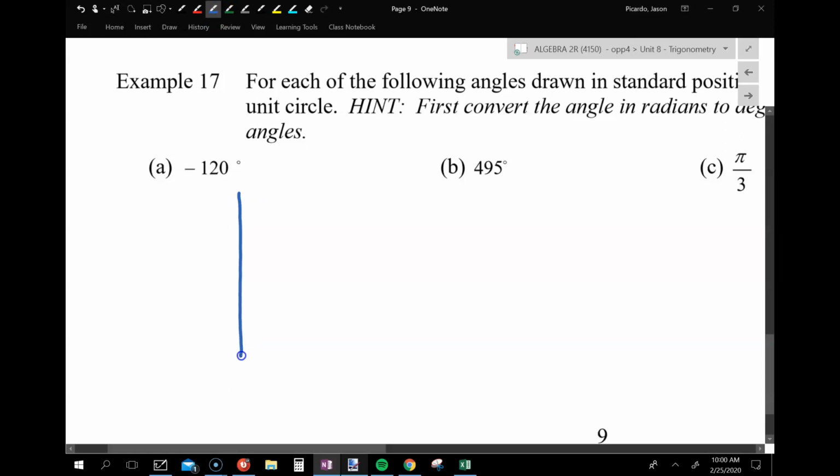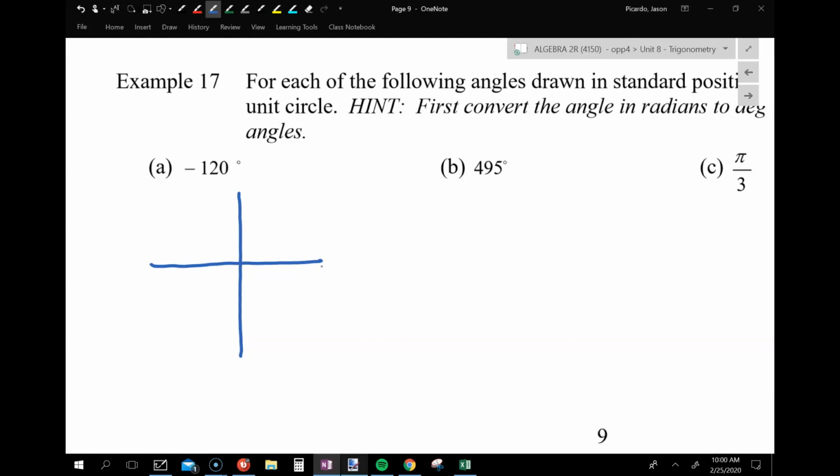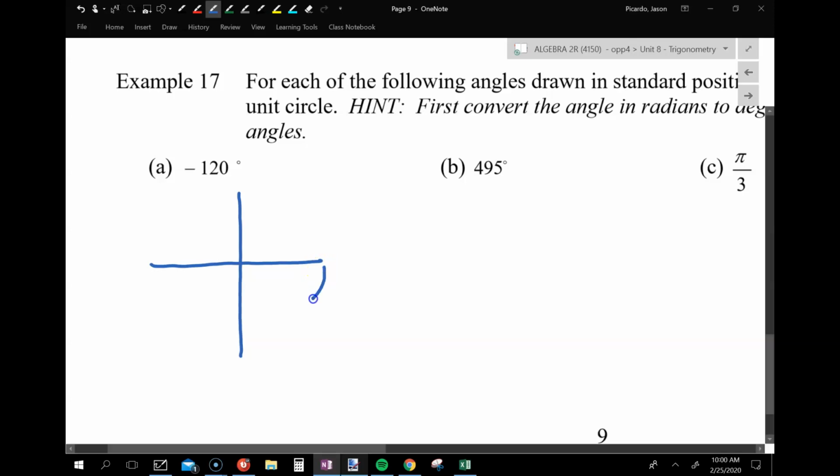So this is going to take into account two things: what we did the first class, and then what we did today, right? Negative 120 means I need to rotate clockwise or counter? Clockwise, that's exactly right. So this is 0, negative 90, negative 180. So does everybody agree that negative 120 puts me right here?